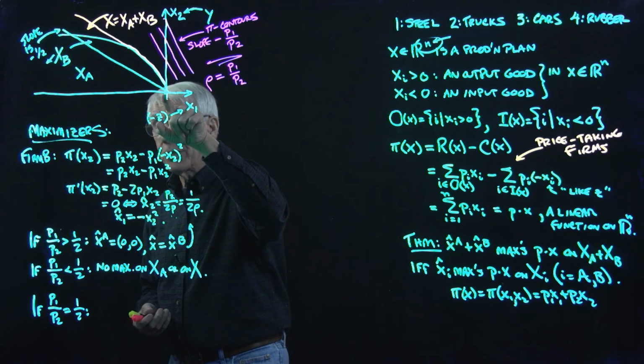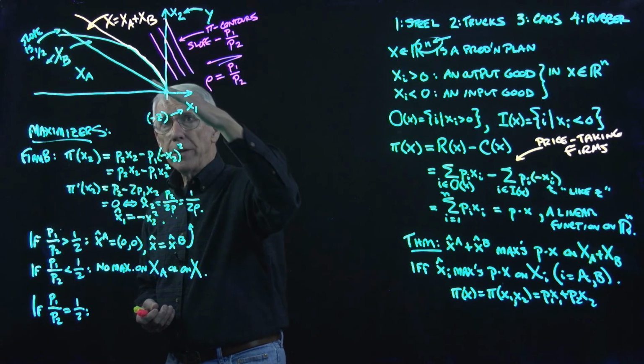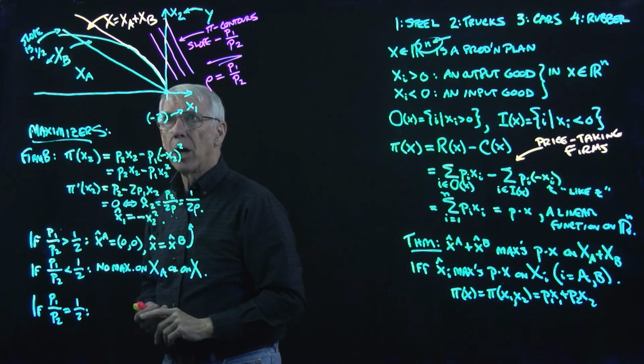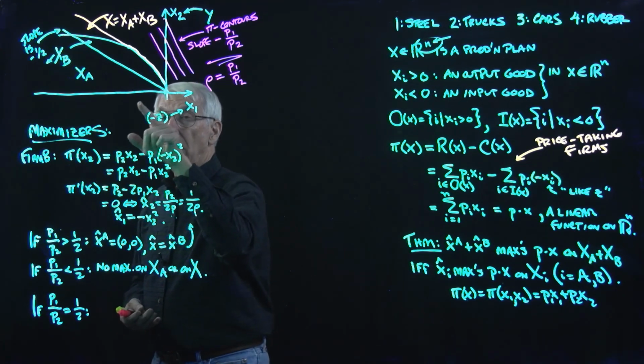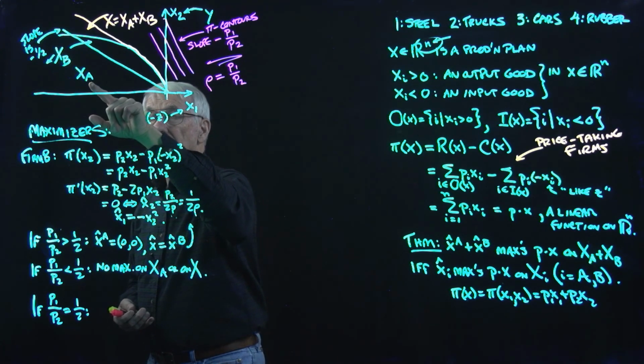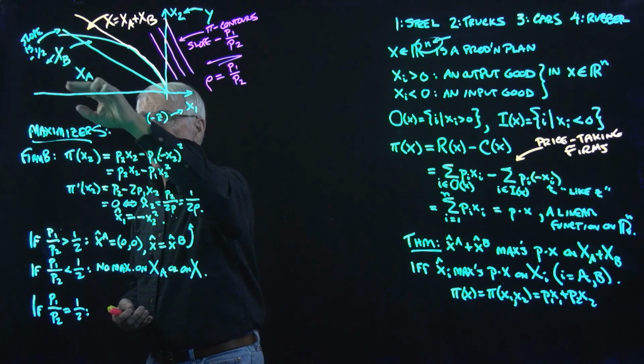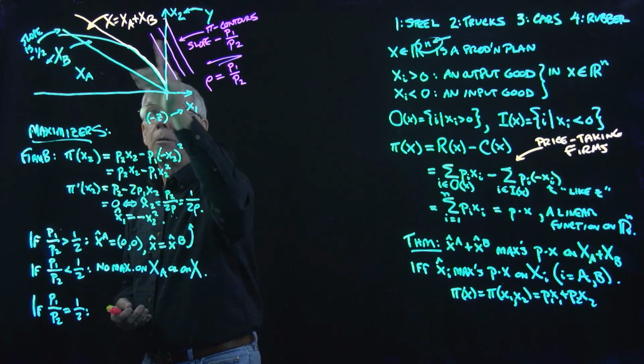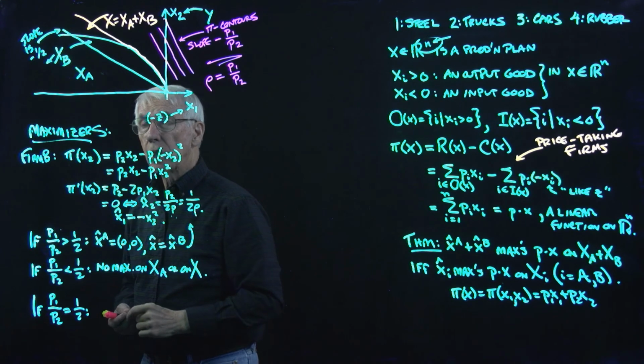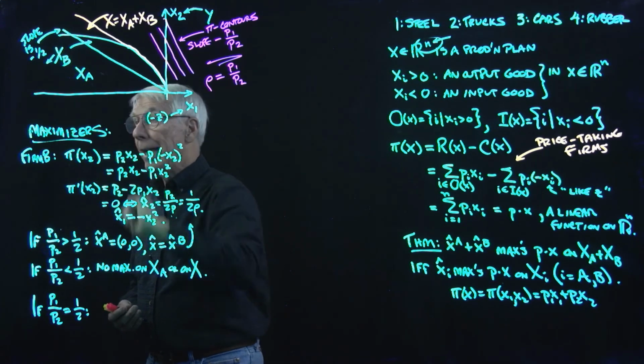So all of these production plans have profit 0, and that is the largest profit that firm A could earn because all the other input-output plans are on a lower profit contour, and so they yield negative profit.